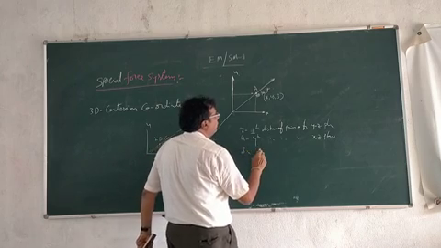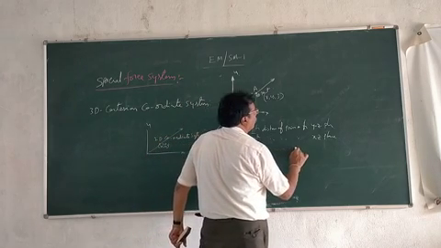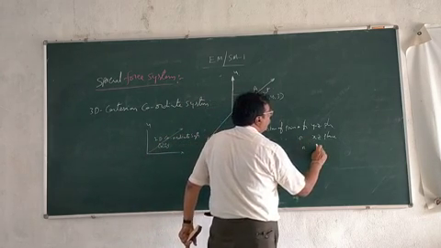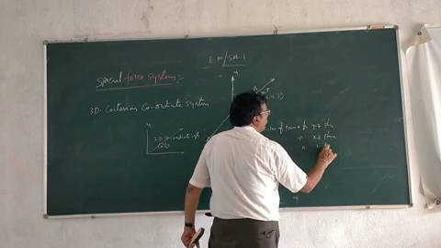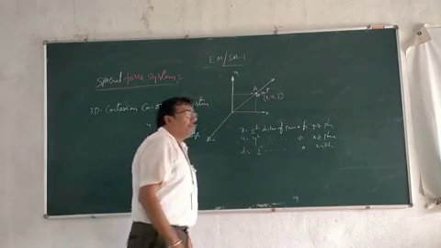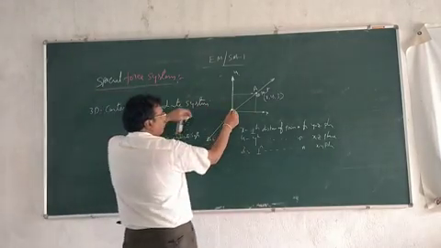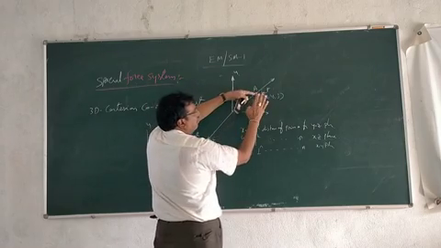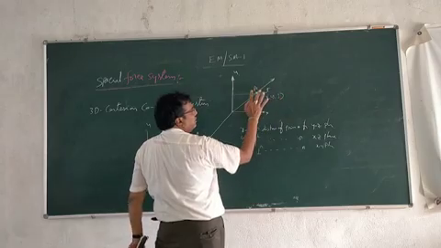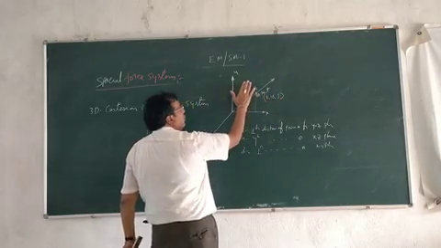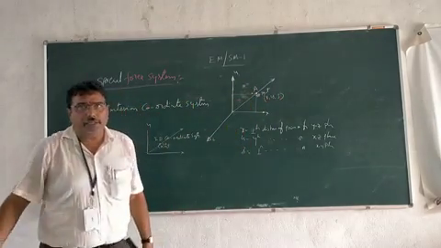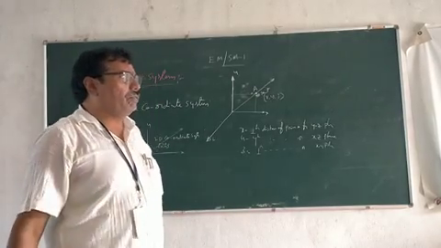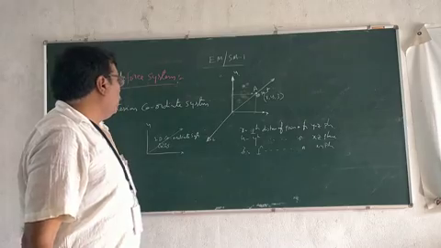The z coordinate indicates the perpendicular distance of point A from the xy plane. The board indicates the xy plane.